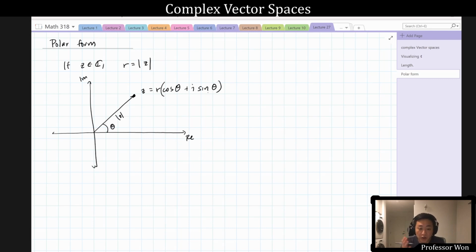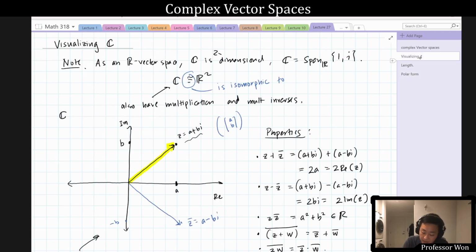Right, because the coordinates of this point, this is also r, the coordinates of this point, if you were thinking of it as a vector, would be r cosine theta, r sine theta. But we just said that the way to translate back and forth is the vector a comma b is the complex number a plus bi.